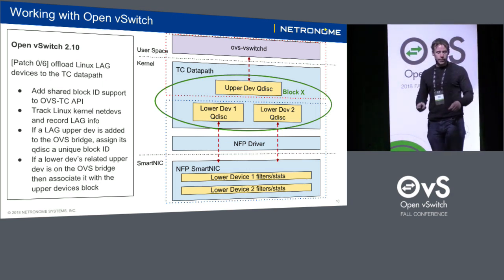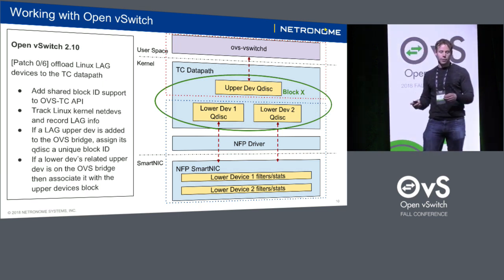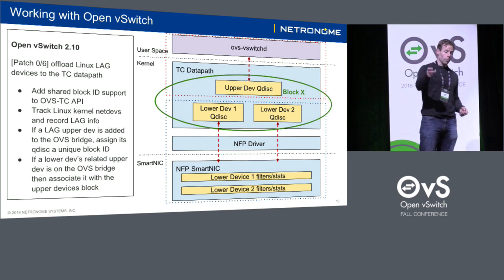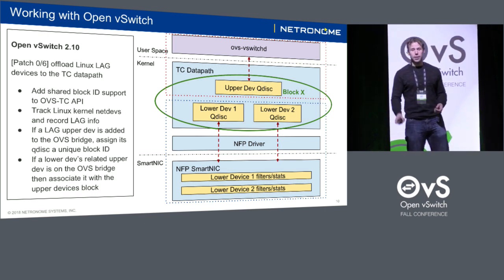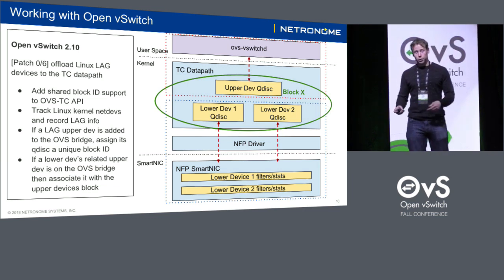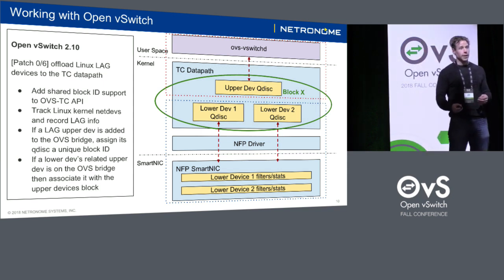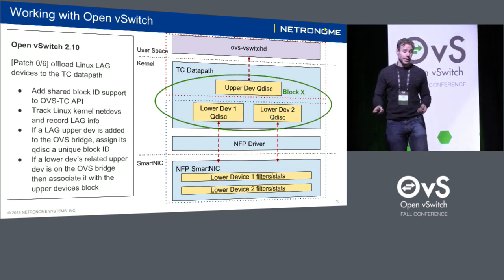This links, in pure TC land, the upper layer device with its lower layer devices that all comprise the bond. And yeah, effectively, this is how we get our top-level Open vSwitch bridge communicating with our SmartNIC through Linux lag devices with minimal changes, using what is already in the kernel, making minimal changes to some of the TC stuff, and minimal changes to the Open vSwitch TC API.